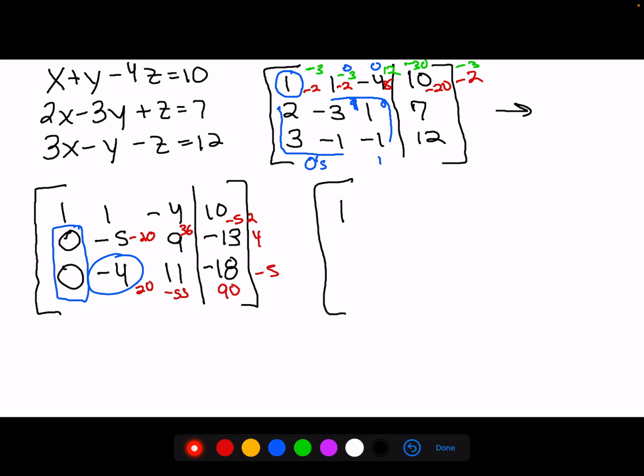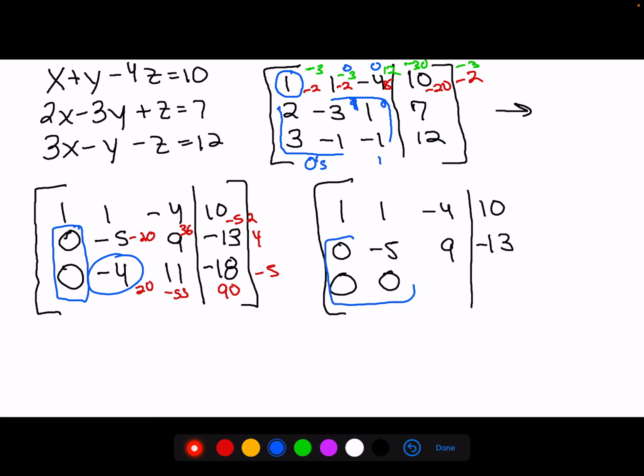The first row stays the same. Technically, the second row is staying the same right now. It's just that I'm using a multiple of it to add to a multiple of the third row. So if I add those multiples, 0 and 0 is still 0. Negative 20 and 20 is going to be 0. That's exactly what I wanted. I wanted these 3 to be zeros here. So look, notice a little L shape.